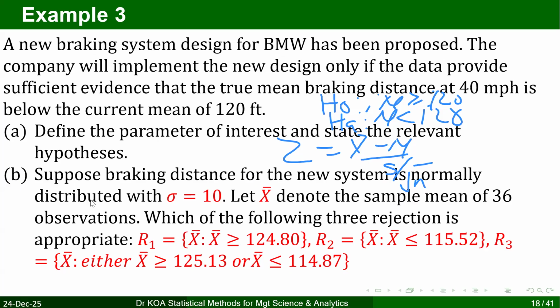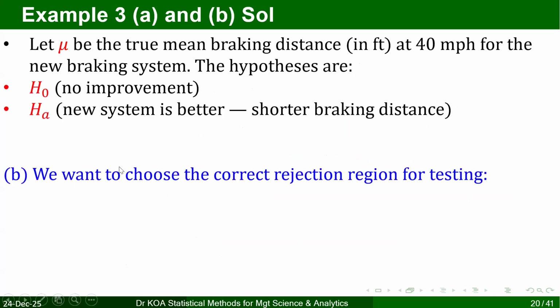Remember, first of all, you need to find the standard error, the denominator here, s over the square root of n. What is that value? That is 10 divided by the square root of 36. So let's look at that together. That's 1.637.